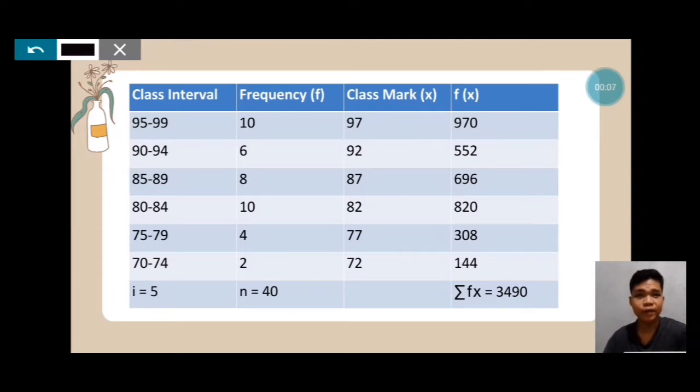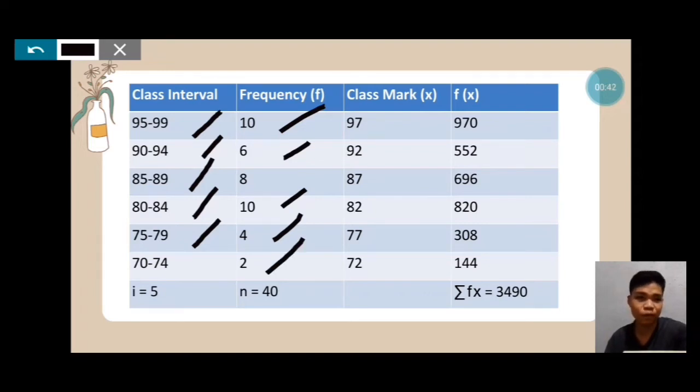As you can see in our second table, there are 10 students who got possible grades of 95 to 99, and 6 students who got possible grades of 90 to 94, and 8 students who got possible grades of 85 to 89, 10 students who got possible grades of 80 to 84, 4 students who got possible grades of 75 to 79, and lastly, there are 2 students who got possible grades of 70 to 74.